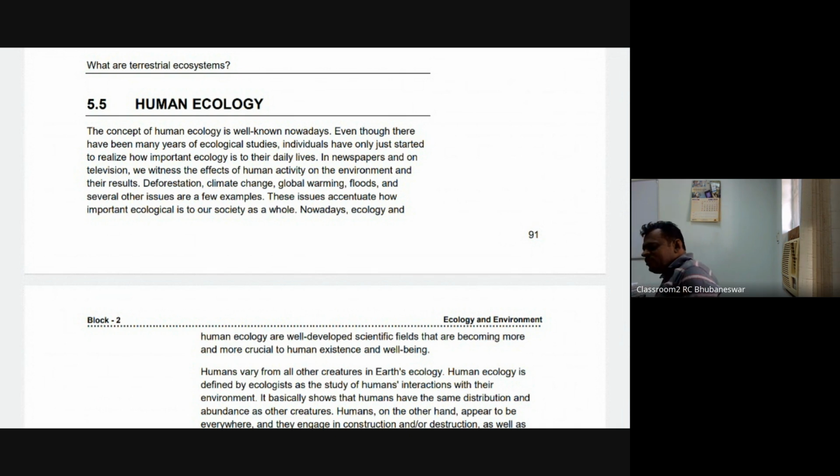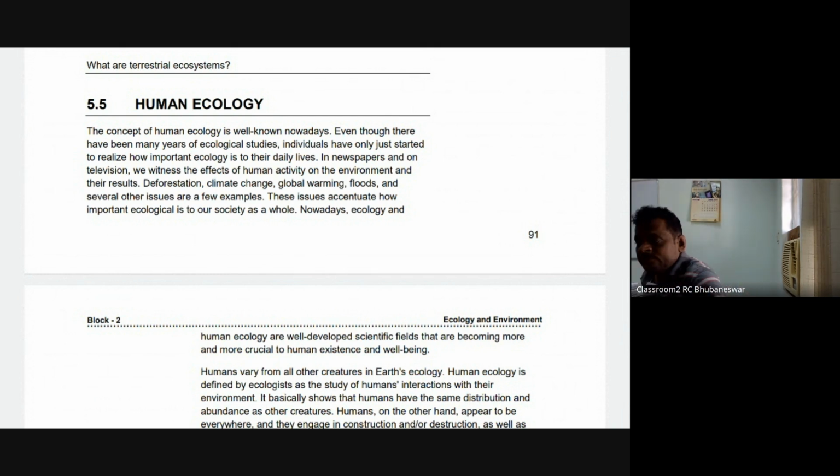Humans are very important while studying ecology, because humans interact dynamically with their environment, with non-living things and with other creatures or organisms. That is why we are studying human ecology.